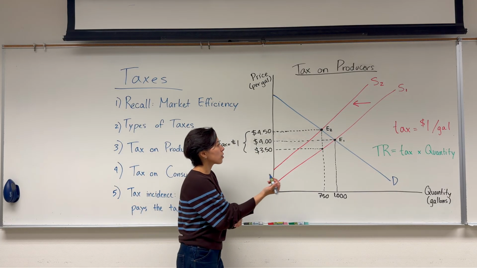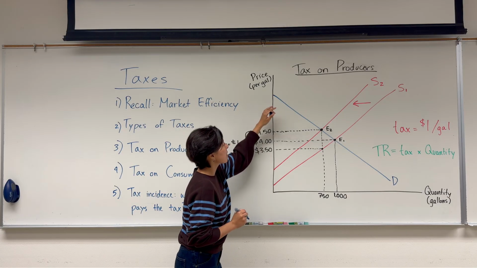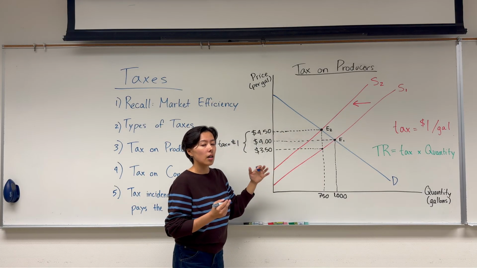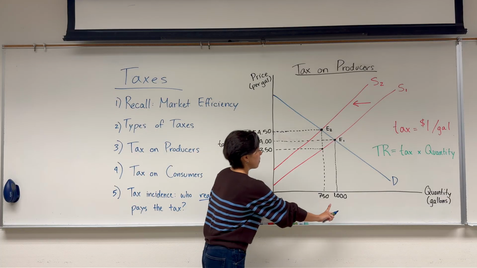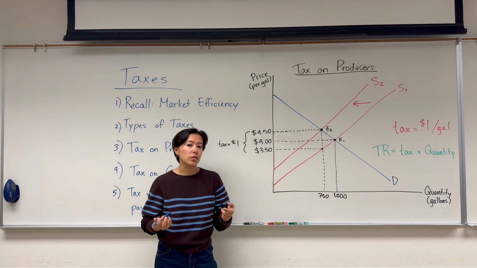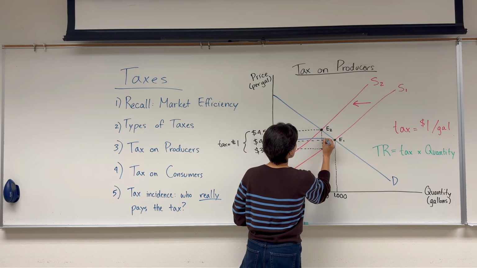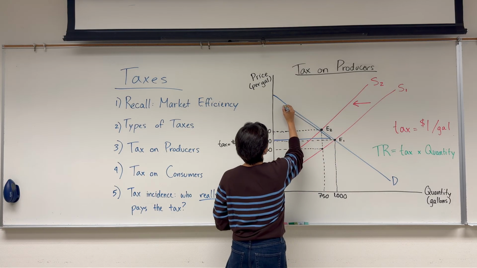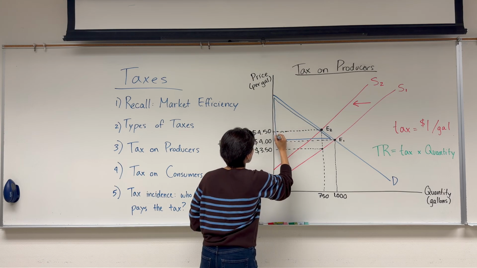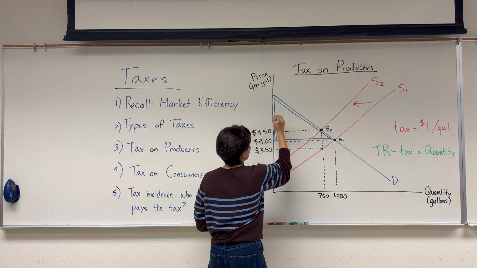Now remember, our consumer surplus is always the area that is below the demand curve, above the market price, bounded by whatever quantity is being sold. And so before the tax gets put into place, this large triangle here is representing my consumer surplus.